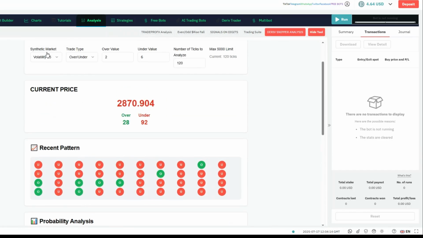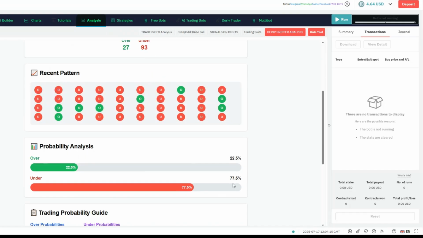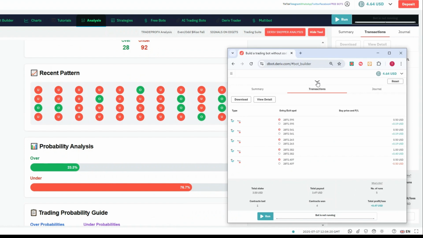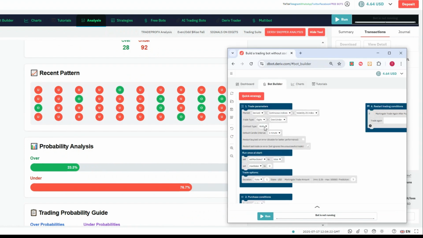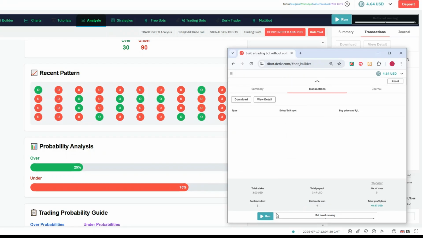Like here you can see volatility 25 under digits shows 70, so you can try that and change your market to volatility 25 under market, then change to 6, and run some small entry points like 5 runs, and then you call it a day.